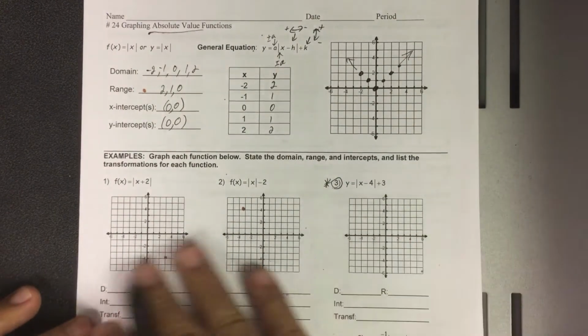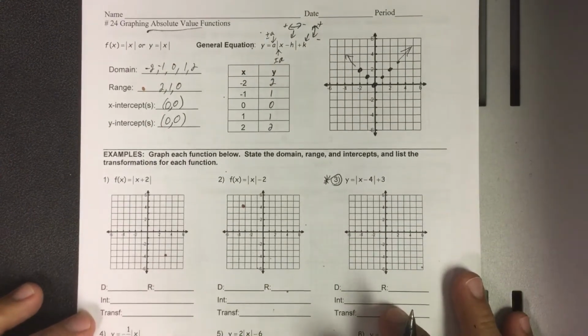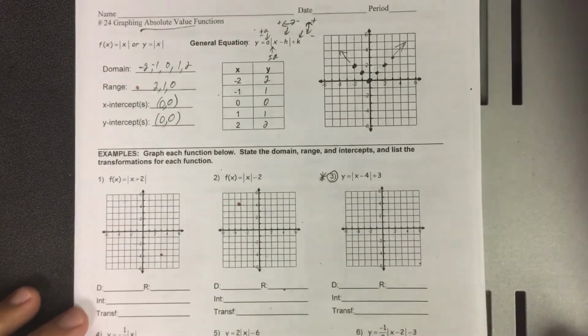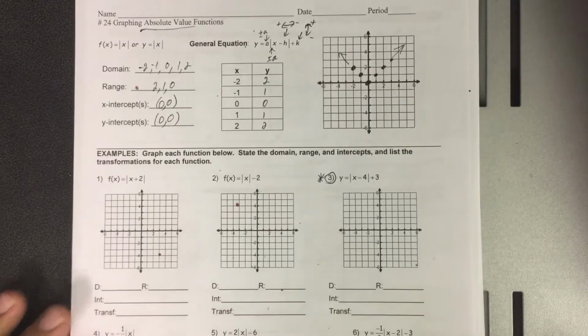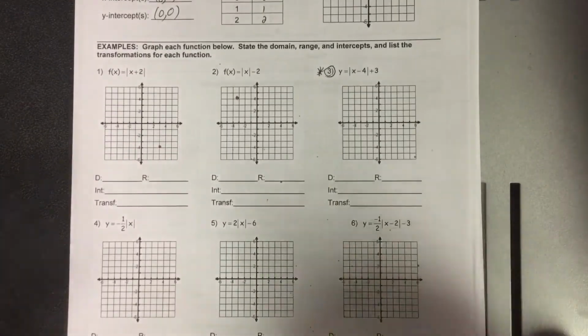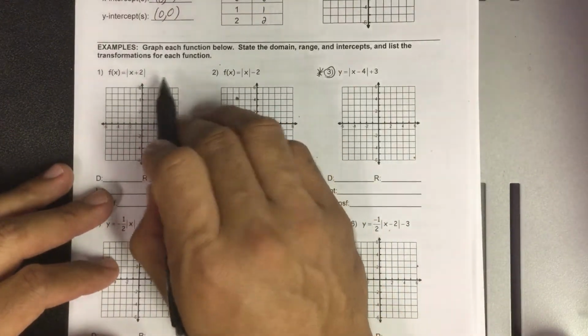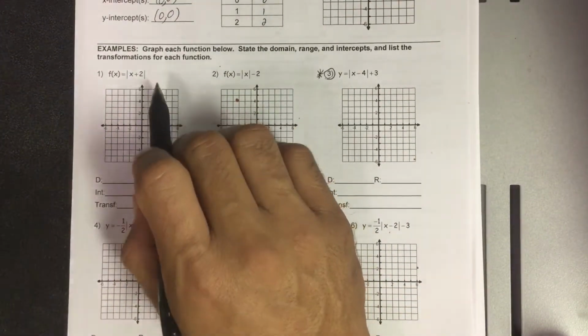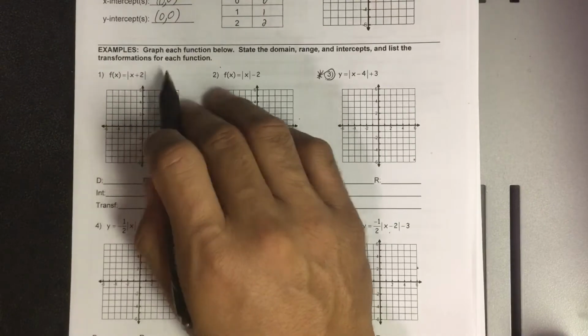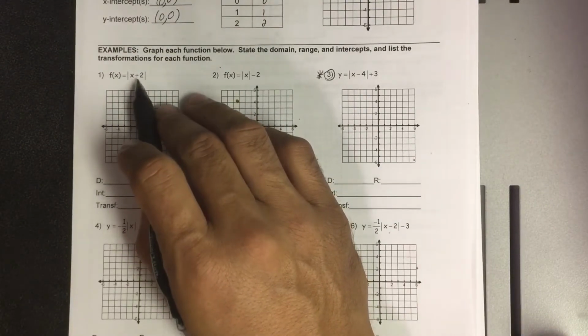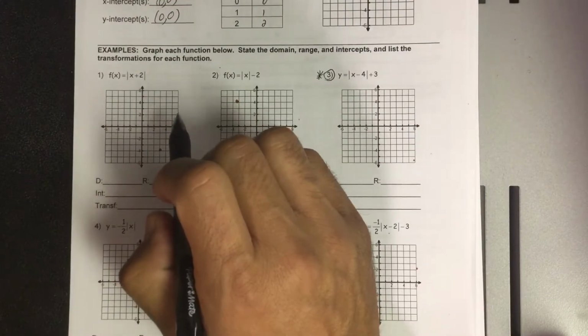All right. Starting out with the example number 1 right there. If they don't tell us the domain, then it's the whole thing, right? Plug it in. But this right here is a +2.